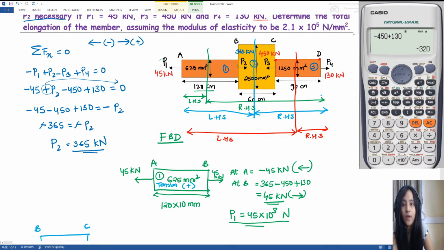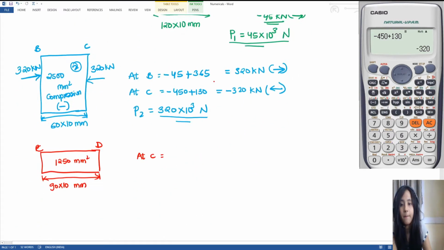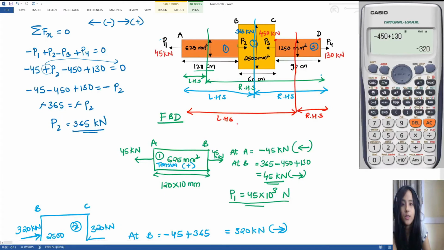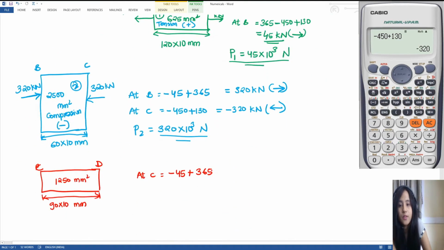Minus 45 plus 365, and the last force was P3, which is going to the left hand side direction, so minus 450. What do we get? We get minus 45 plus 365 minus 450. So it's coming minus 130.